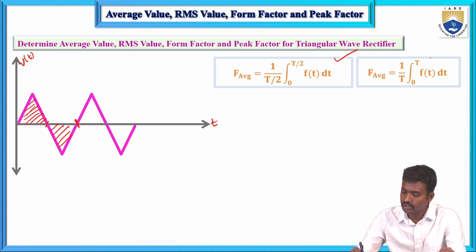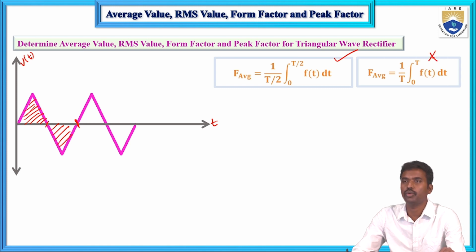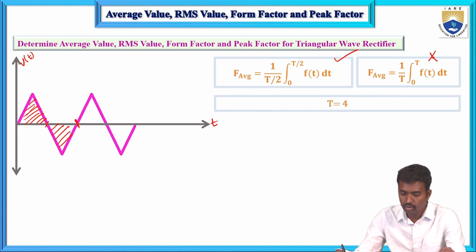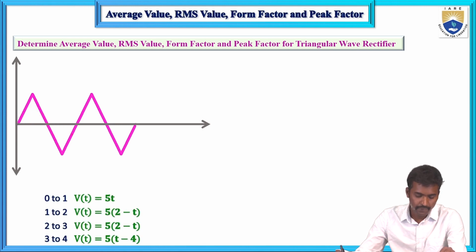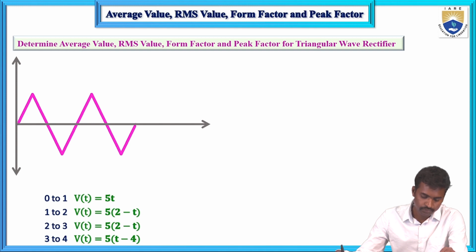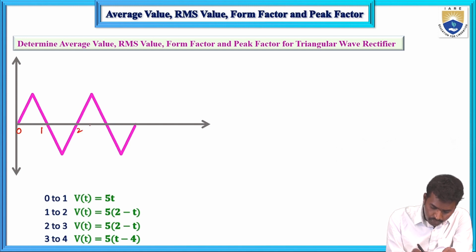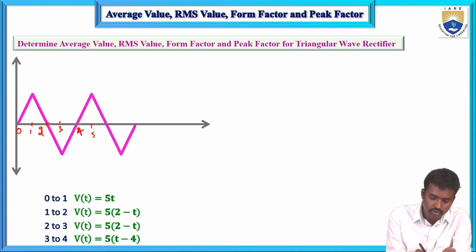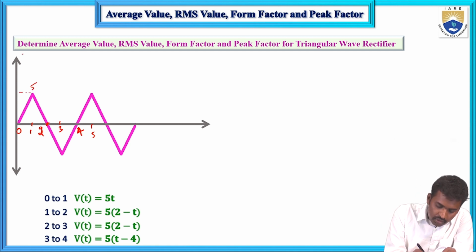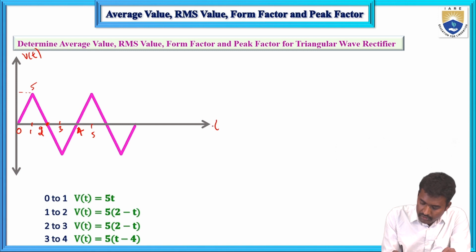Don't use this formula here, this is for asymmetrical waveforms only. Here the time period equals 4, because 0, 1, 2, 3, 4, and this value is 5, v of t, and this is delta t.